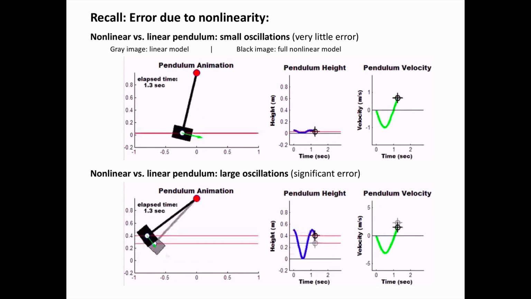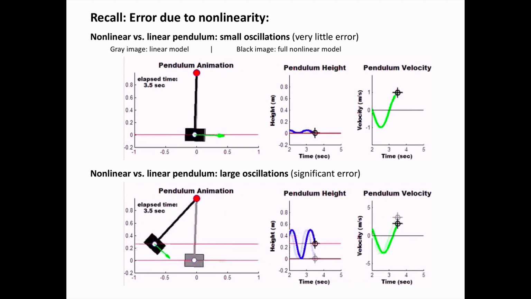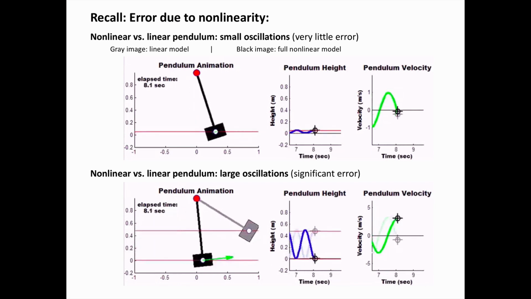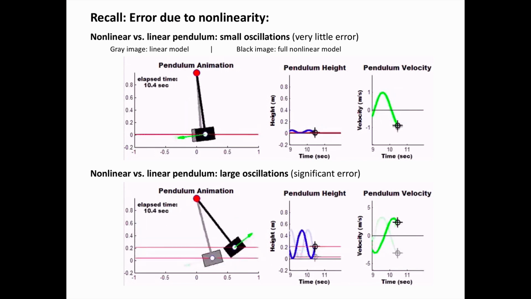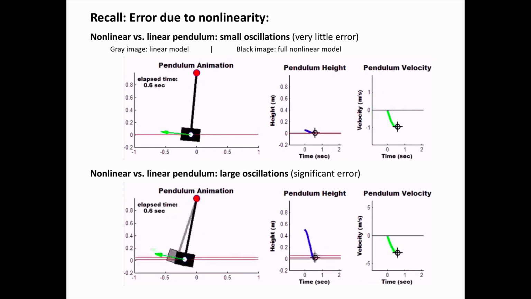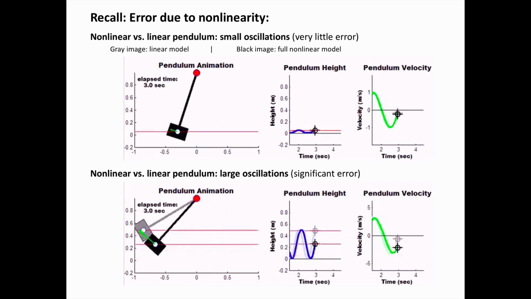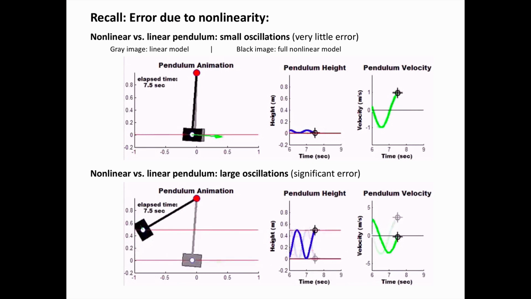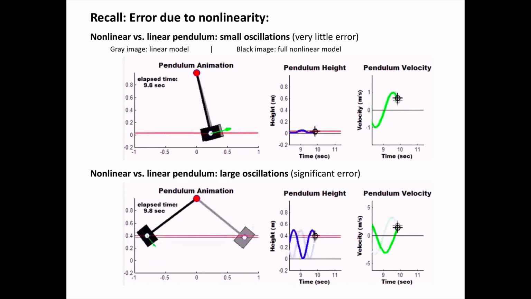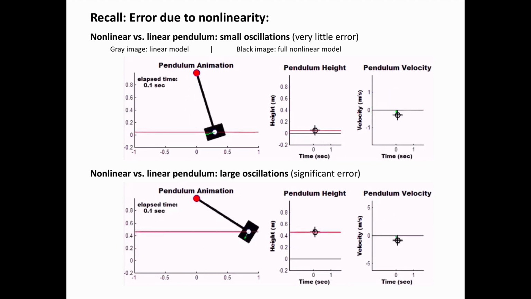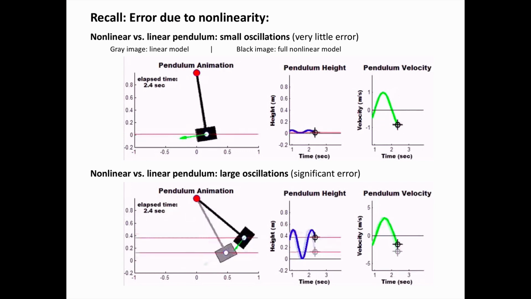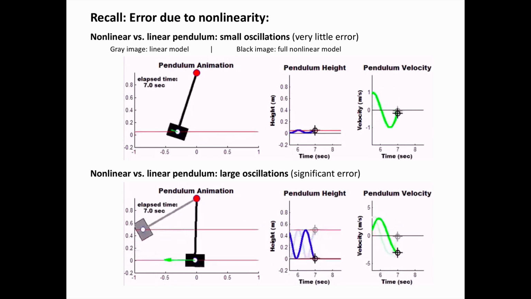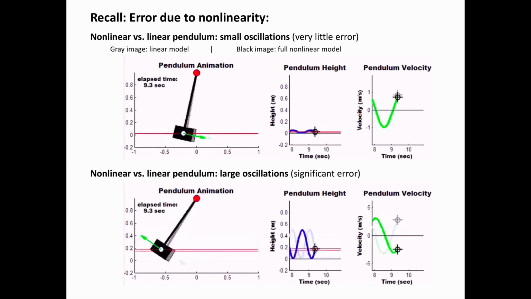If you want to linearize the simple physics model of the pendulum, it involves an assumption that the sine of an angle theta is approximately equal to theta. This is true for very small angles. If we compare the response of the linear model against the nonlinear model and keep the angles of deflection small, then the error is really small.